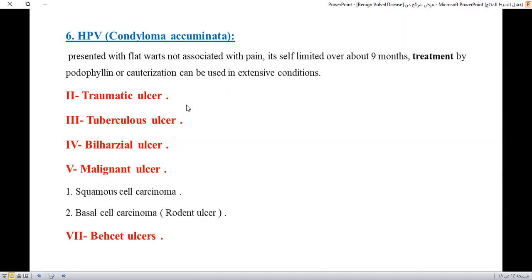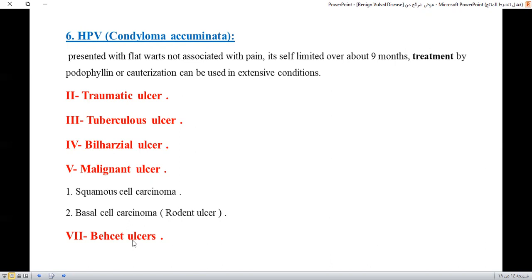As we say, vulval ulcer is either sexually transmitted disease, traumatic ulcer, tuberculosis, bilharzia, or malignant, which is squamous cell and basal cell carcinoma, rodent ulcer, and the Behçet ulcer.